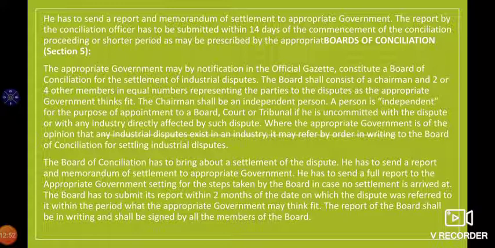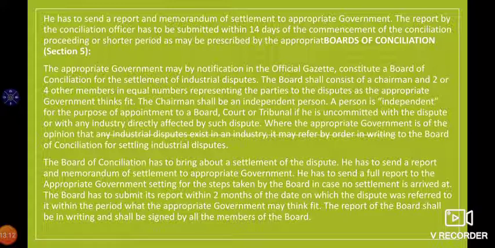So let us see the members of the Board of Conciliation. The appropriate government may, by notification in the official gazette, constitute a board of conciliation for settlement of industrial disputes.